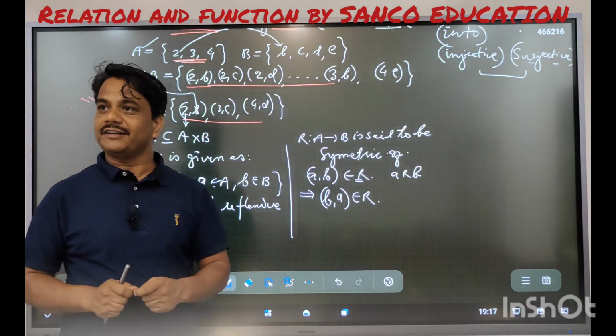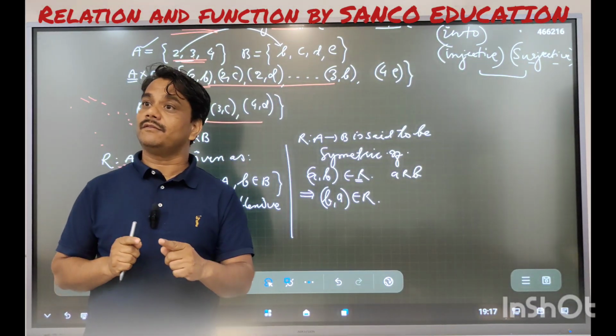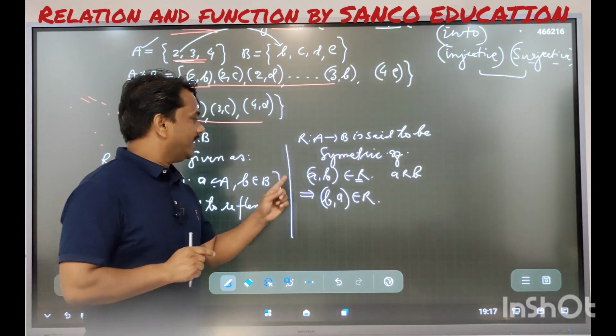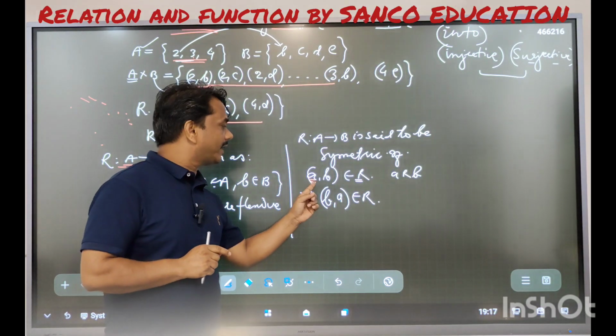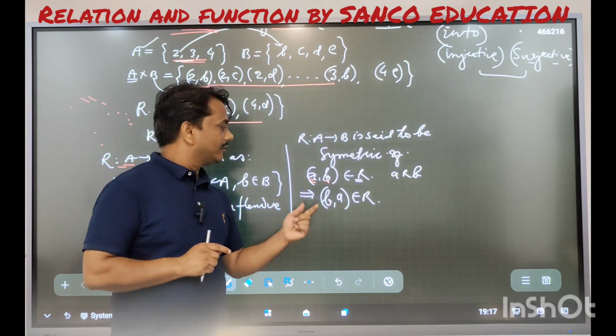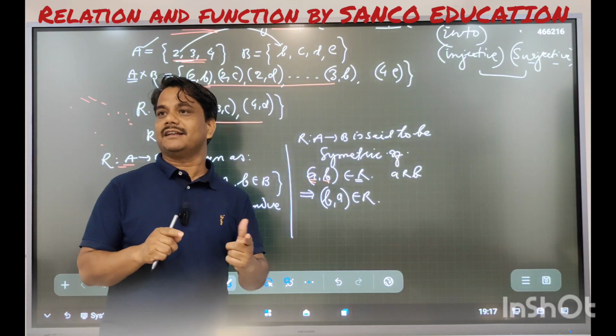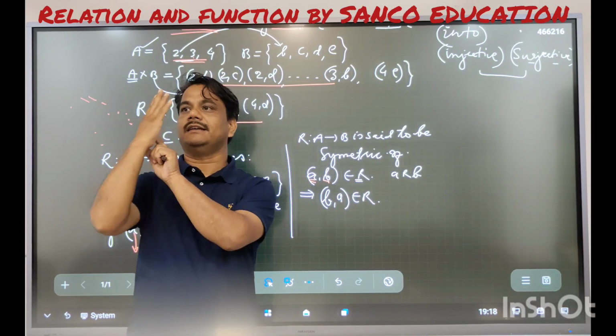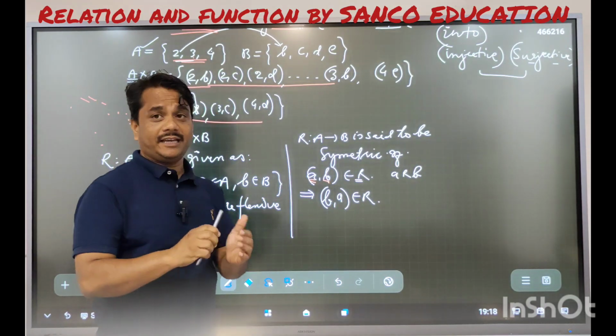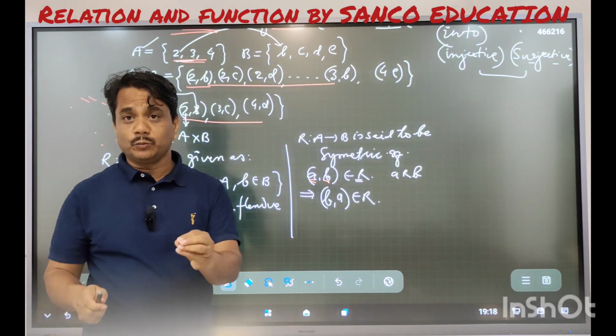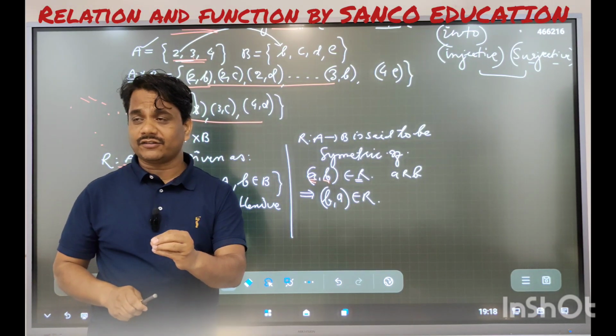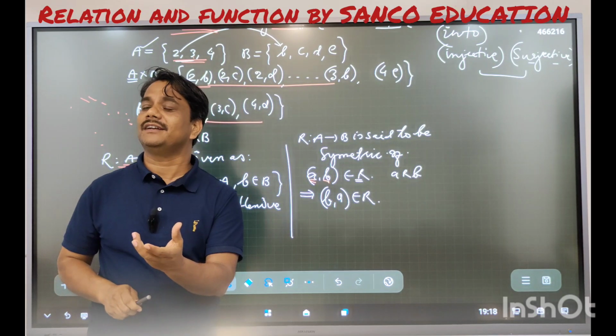Then such a relation is said to be symmetric. Symmetric means A will find B as an image and B will find A as an image, like A plus B and B plus A. 2 plus 3 is 5 and 3 plus 2 again 5.